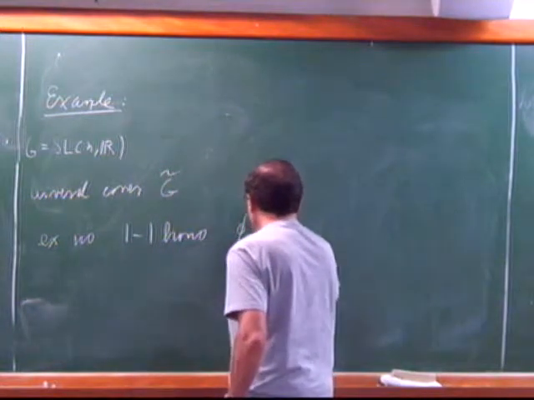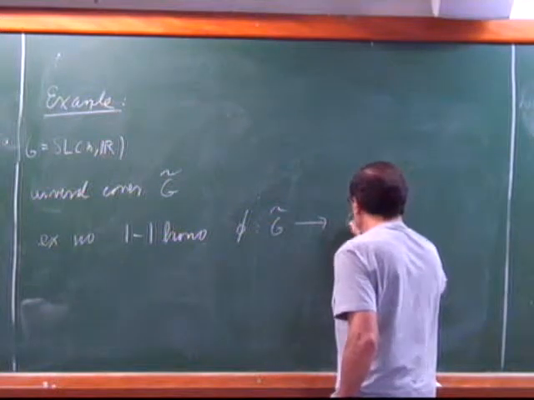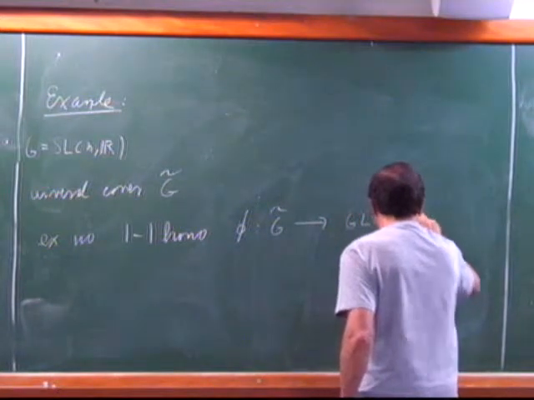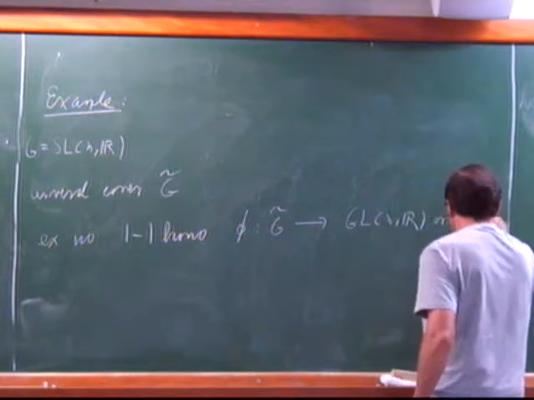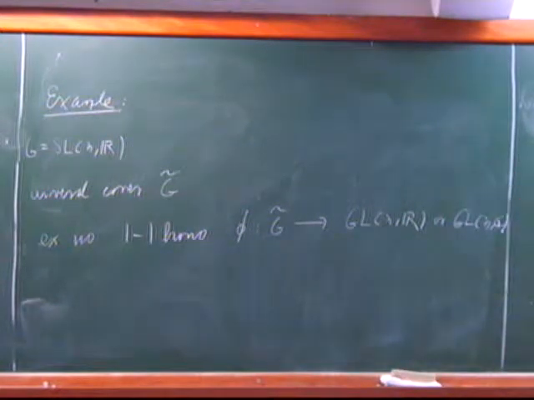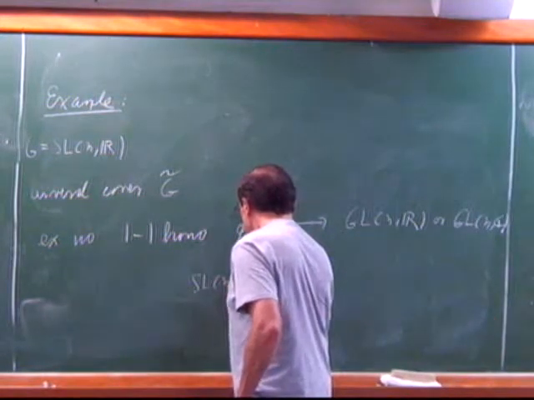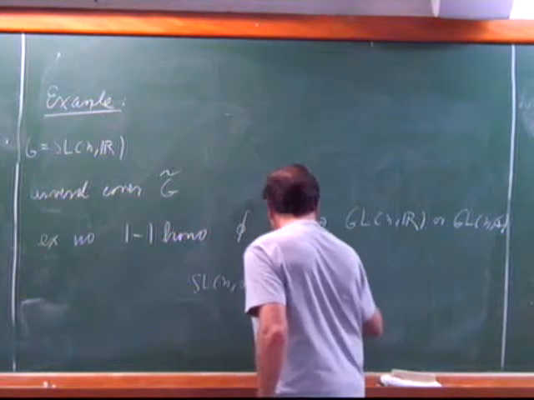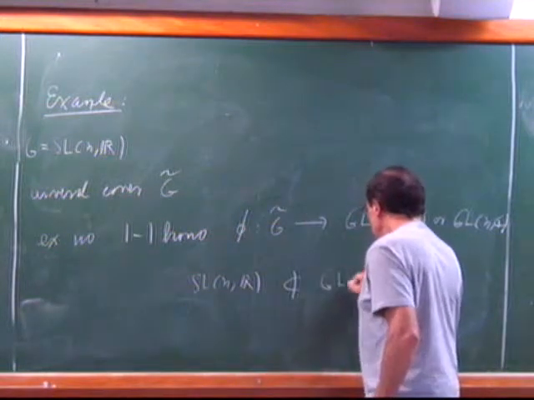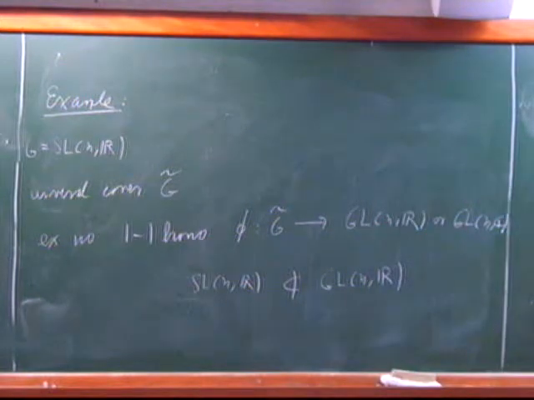so let's call it phi, from G tilde into GL(n,R) or GL(n,C). So in other words, it's not a subalgebra, it's not a matrix algebra. Right? So this group SL(n,R) is never contained in, I can never represent them by matrices, real or complex, doesn't matter.